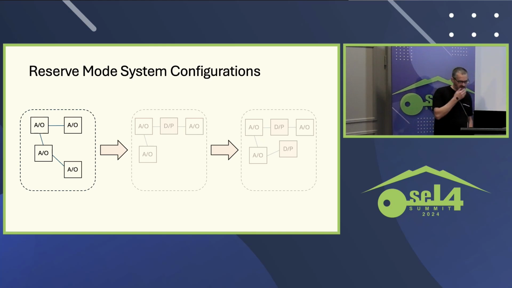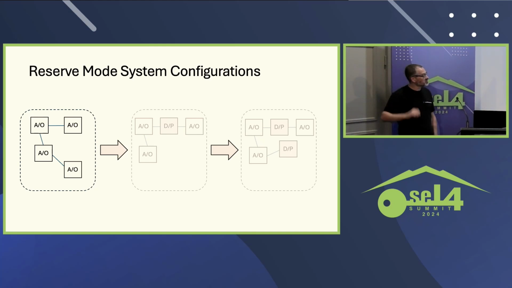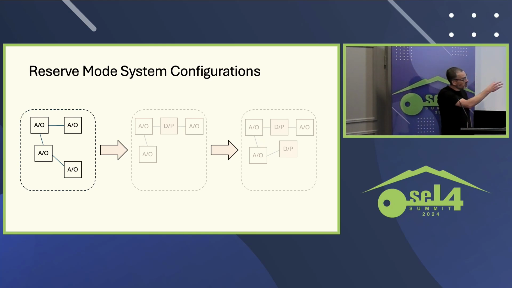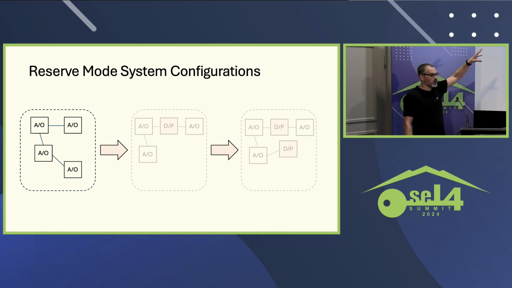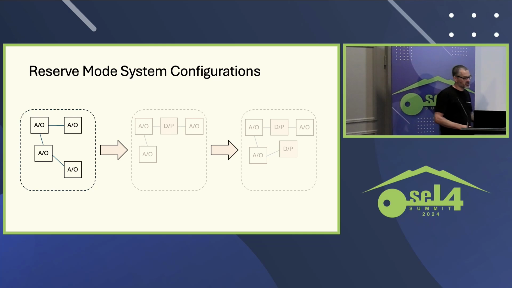As an example, we have 3 system configurations, and the one that's not faded out is the active one. This is a configuration that consists of a bunch of operation components that are connected to each other. The other ones are in reserve. They exist, but they're not active, and they define what the system looks like. The next system on this transition list has some of the same operation components, but it's got a different component that is dormant, because it doesn't actually exist in the system.